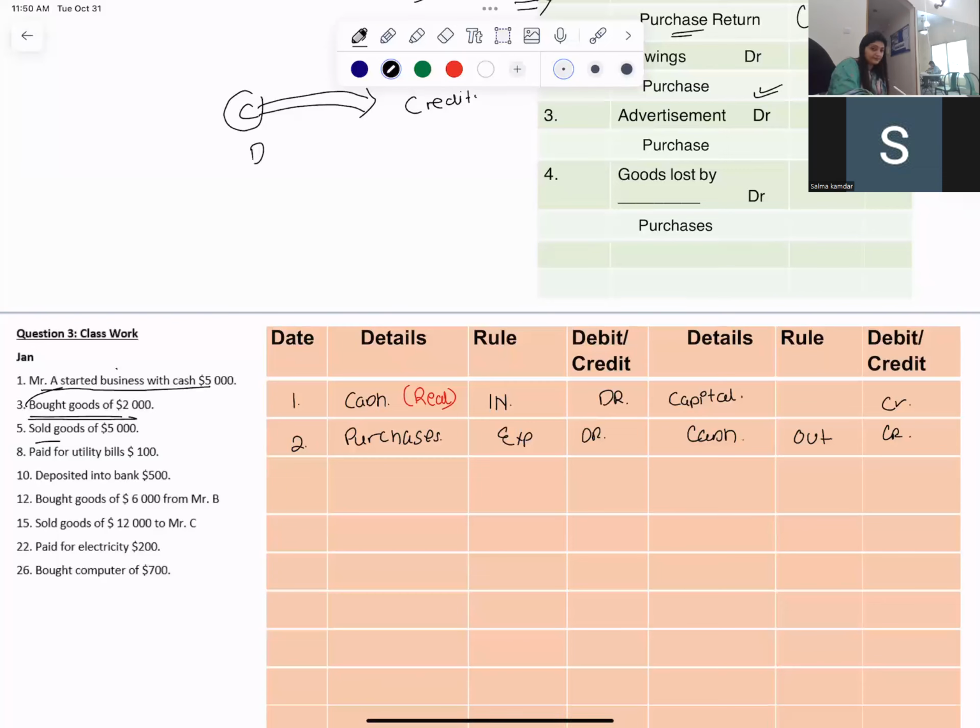Next one. Two accounts involved. Sales and cash. Then rent, utility bills.